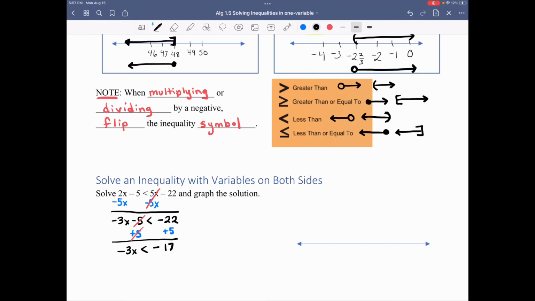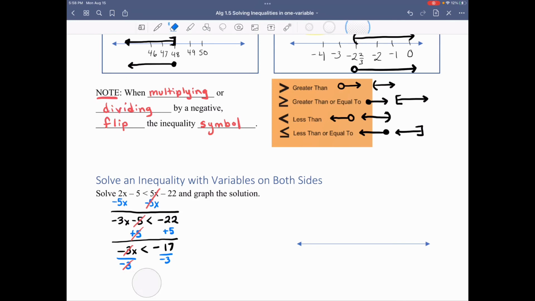The next thing I'm going to do is divide by negative 3. The negative 3s cancel, leaving us with x is less than, well, oh, hold on a second.